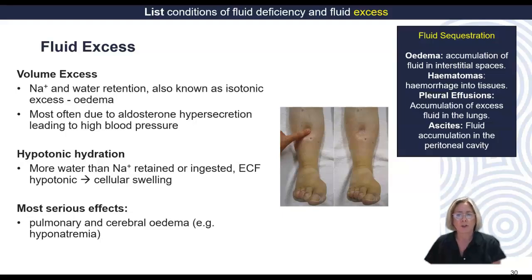And pleural effusions, accumulation of excess fluid in the lungs. You can have liters of fluid accumulating in the lungs from bad respiratory infections. And ascites then is a particular type of fluid accumulation in the peritoneal cavity, which occurs when the liver fails.